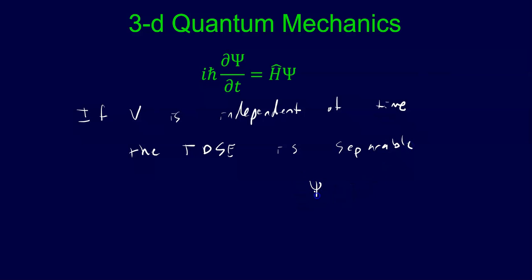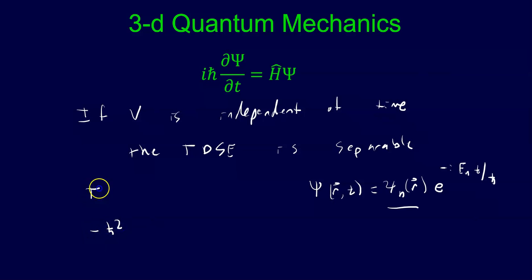And so we can find solutions to capital psi in terms of our lowercase psi as a function of r, and then actually the same time-dependent piece we had before. So again, this is the new piece that's dependent on 3 spatial dimensions, and we are left with our same time-independent Schrodinger equation. So this will boil down, again, very similar to last time, just now that we have this mathematical complexity of 3 dimensions.